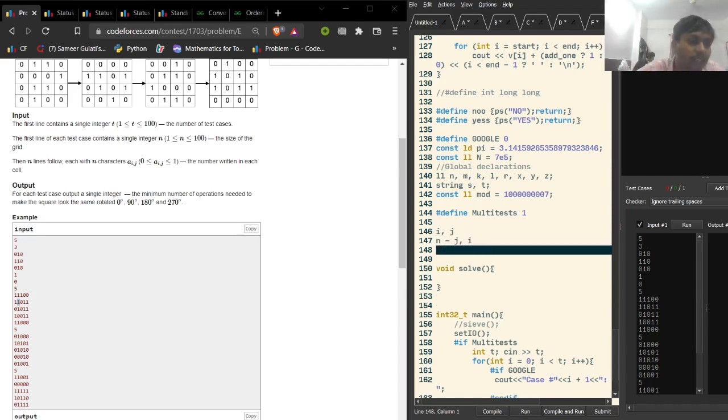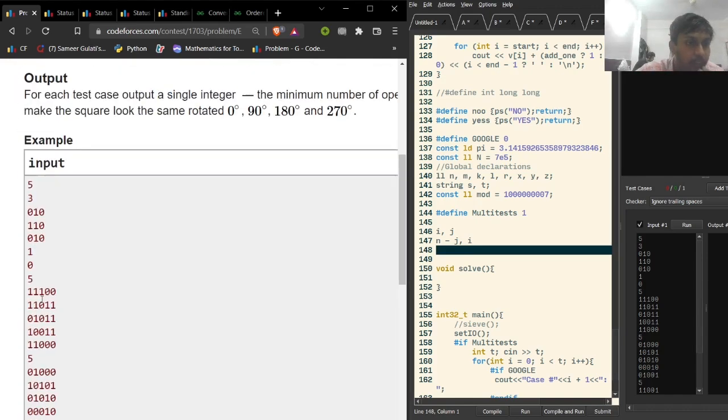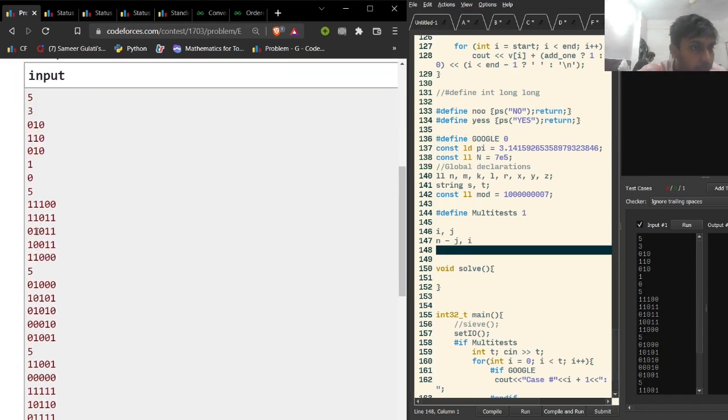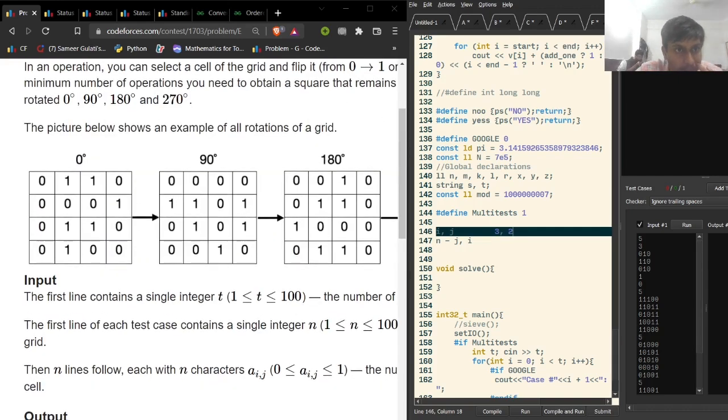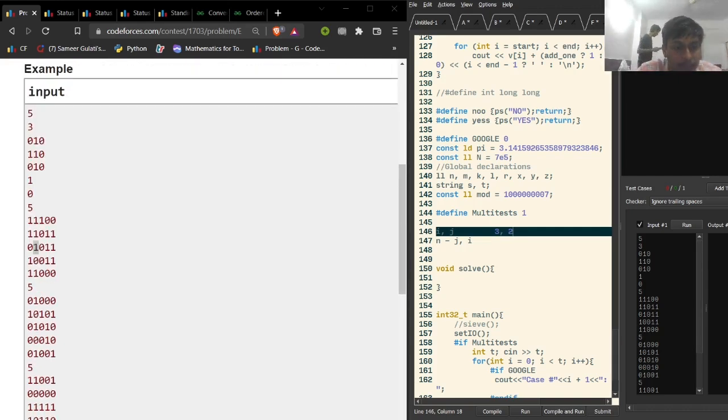Okay, let's just take something which is different. Let's take this one. So at the start it was at third row, second column. And then when I rotate it by 90 degrees, what would it give me?